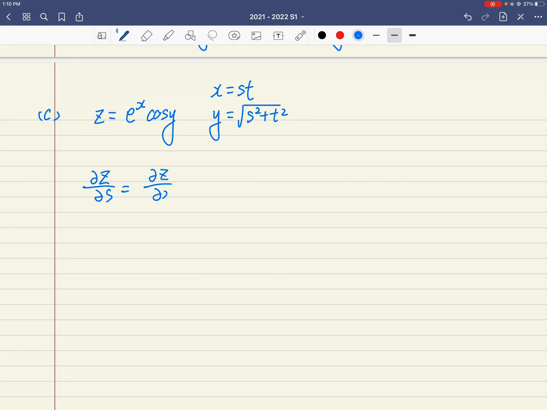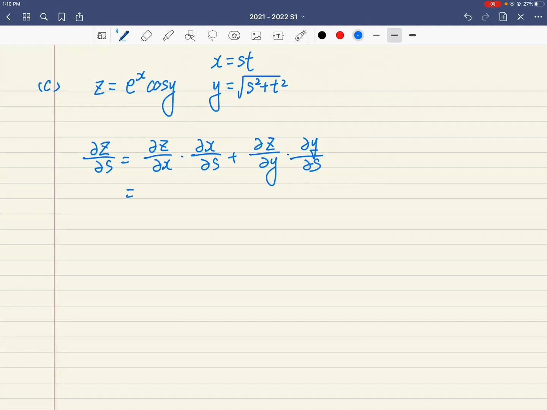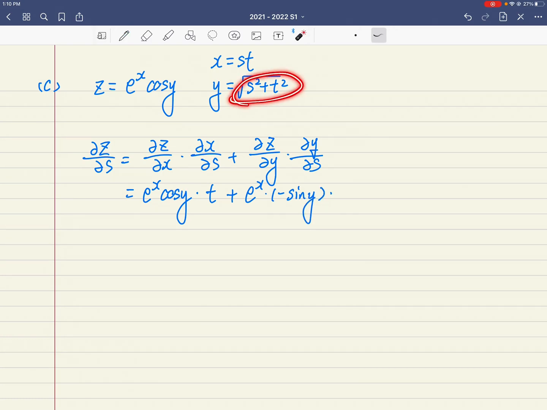It's dz over dx times dx over ds plus dz over dy times dy over ds. dz over dx is just e to the power of x cosine y, because if you differentiate it by x, it's just itself. dx over ds is just t. And dz over dy, you differentiate by y, you get e to the power of x times negative sine y.